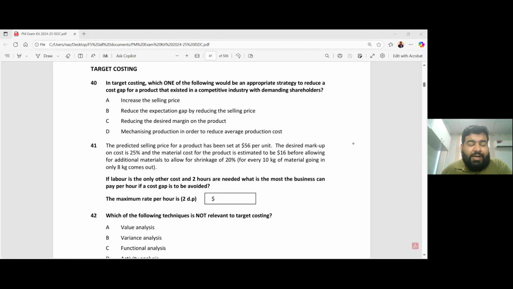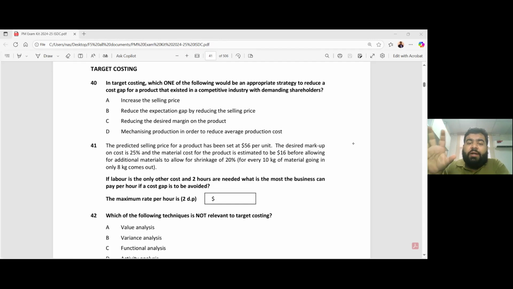So, let us start the practice of target costing. As we have discussed in the chapter, it's a technique where we study that cost of your own demand is of no use. You have to see the market selling price, and then you see what your desired profit is.